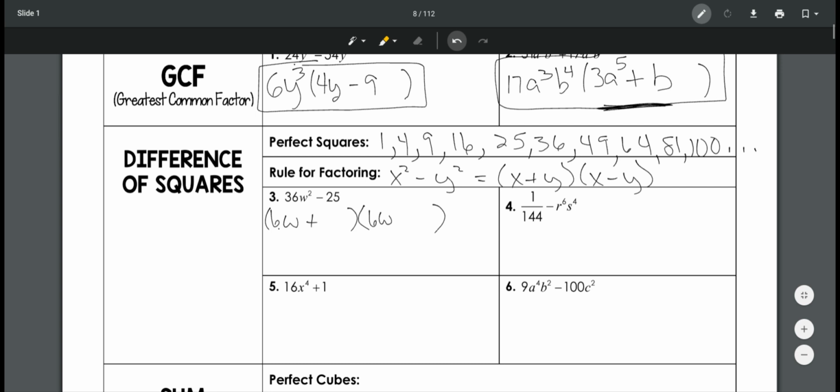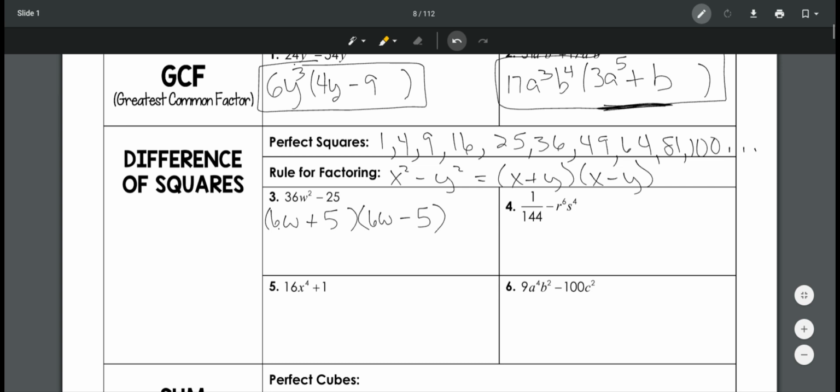Now, I'm going to put 1 plus and 1 minus because since I identified this as a difference of squares, my groups need different signs. The last thing I'll do is break up that 25. 25 is in my group. That is the same thing as 5 squared, so I'm going to put a 5 as the last term in both groups.